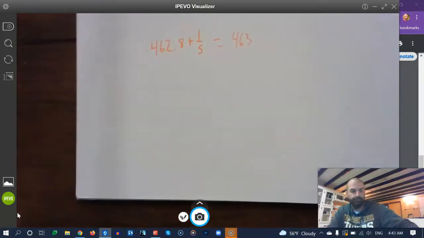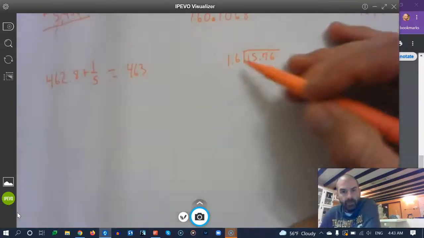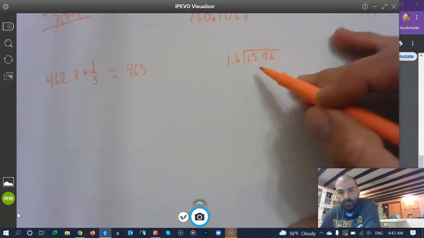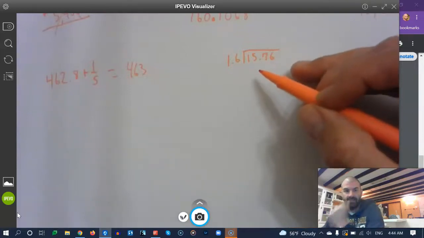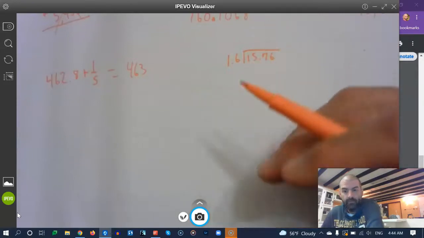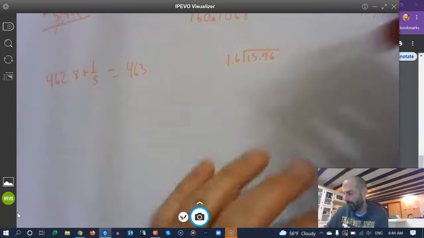All right. Okay, so when we're dealing with numbers like this and we have a decimal in the dividend, one thing we can do to help things is to make an equivalent ratio, because remember, division, fractions, ratio, they're all pretty similar.